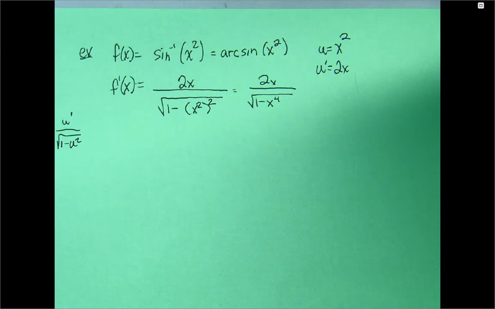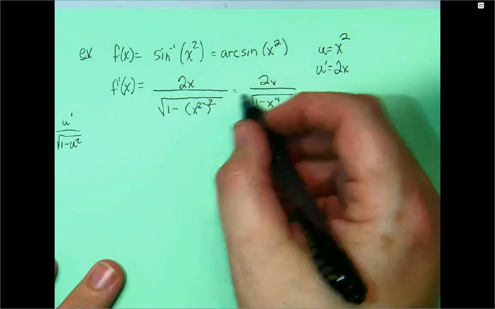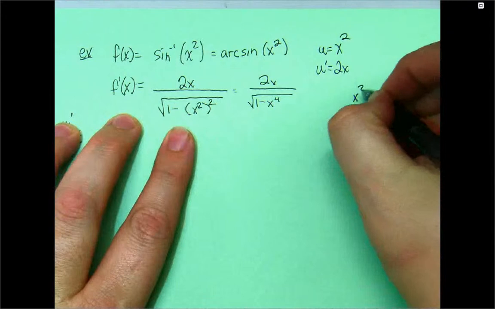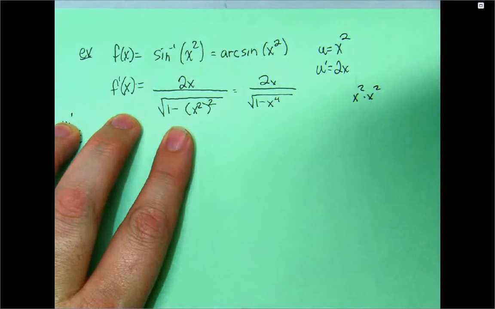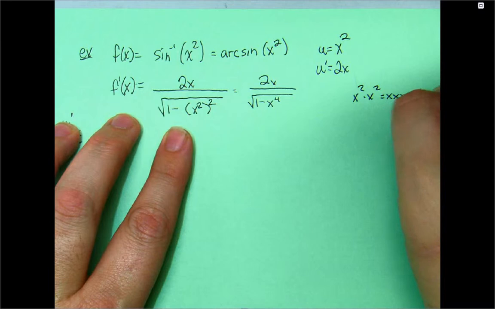Power to power is, yeah, what she said. Well, but it does matter. It's 2 times 2, because remember, it's like x squared times x squared, which is x to the fourth.